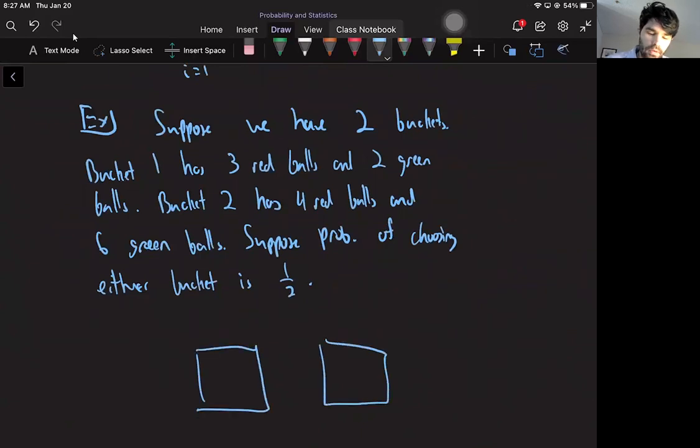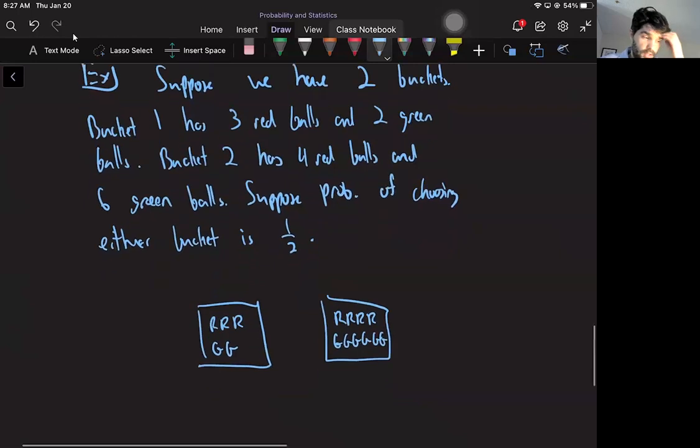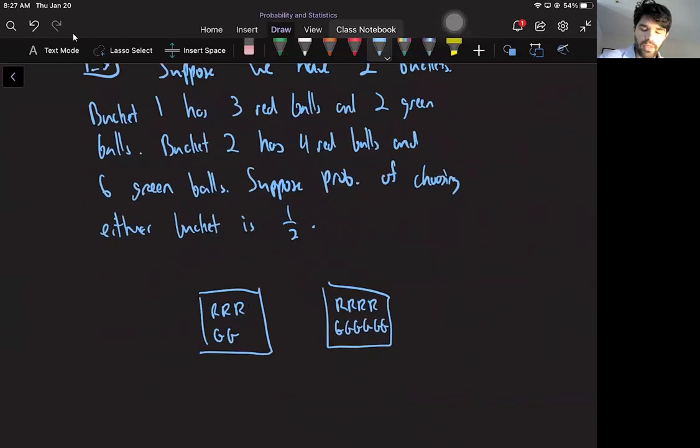The first has 3 reds, so I'll just write R, and 2 greens. And the second has 4 reds, 1, 2, 3, 4, and 6 greens, 1, 2, 3, 4, 5, 6. And so each has a probability of 1/2 being chosen. So we can do something like this now.